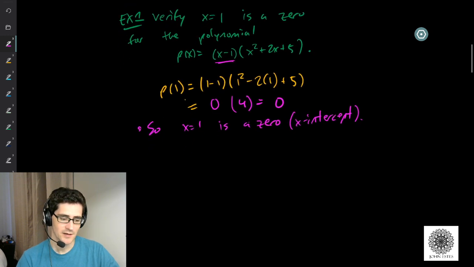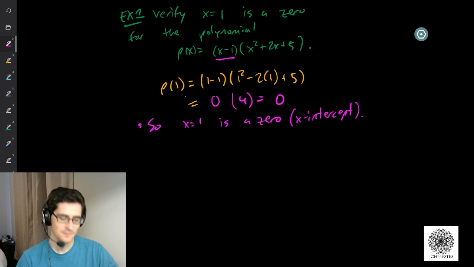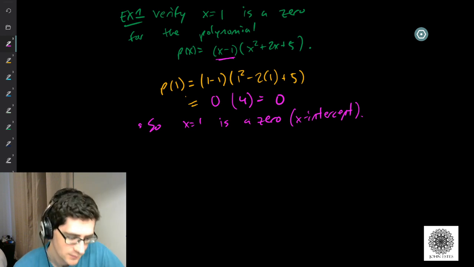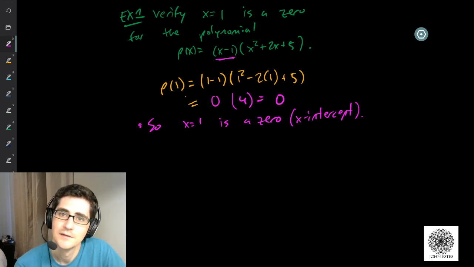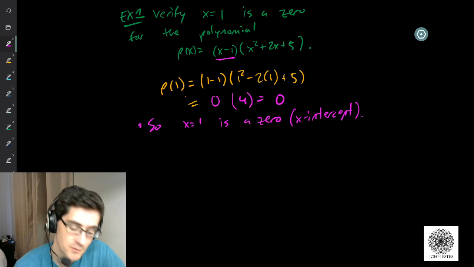So the example I had here before everything went wonky on me was that I have a polynomial p of x, and I want to verify that x equals 1 is a zero. For this polynomial, yes, it is. Notice I have p of x equals x minus 1 times x squared plus 2x plus 5.